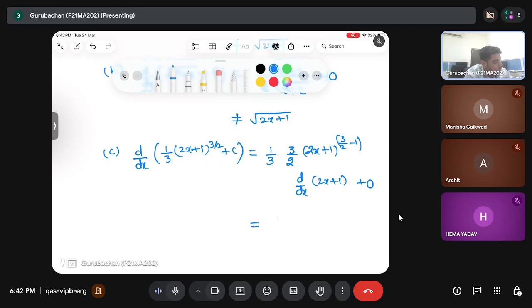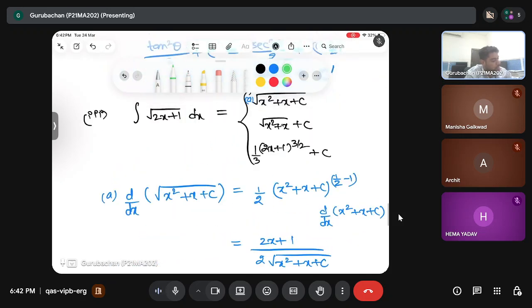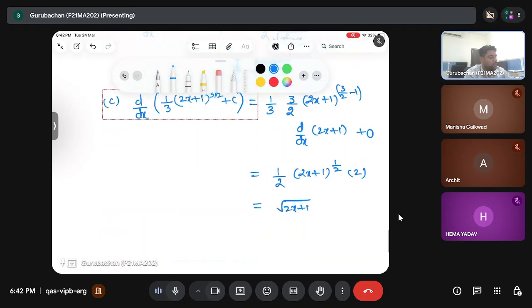So this will be 1 by 2 (2x plus 1) to the power half into 2. So this will be under root of 2x plus 1, which is required. So only the third one is the possible answer here, and the others are not possible. Is it clear to everybody?